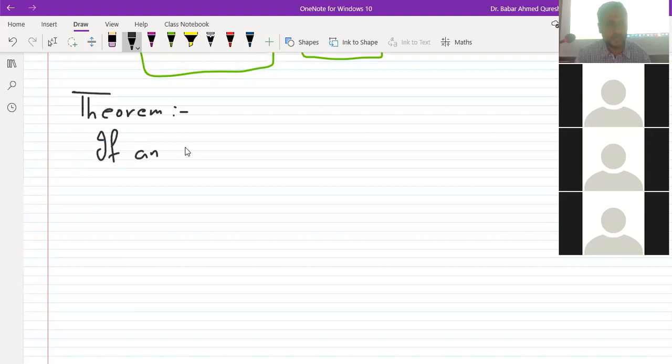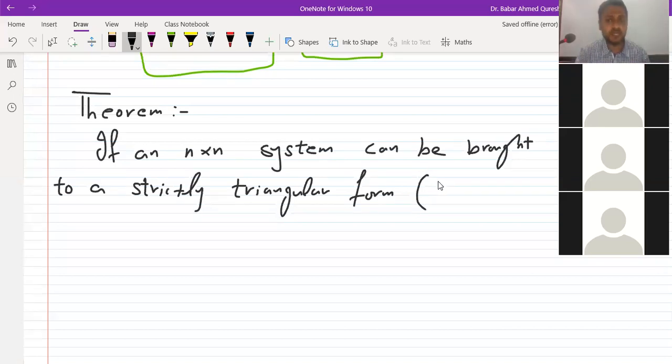If an n by n system, it's only about n by n systems, square systems, same number of variables as equations, can be brought to a strictly triangular form, using allowed operations.